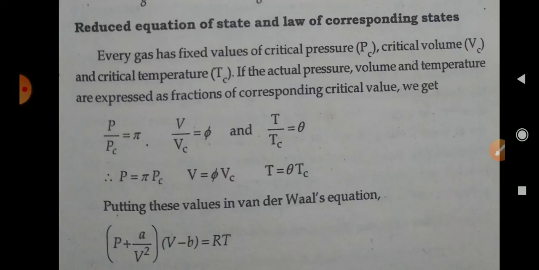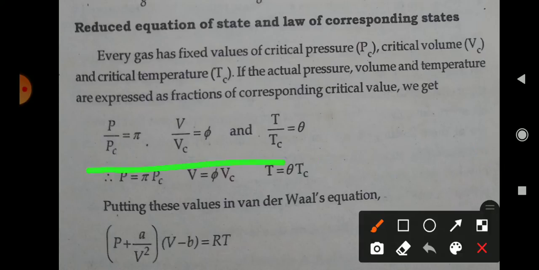Now the last topic is the reduced equation of state and the law of corresponding states. Consider the critical pressure, volume and temperature. Whatever the actual volume, temperature and pressure of the gas, if these three are considered as fractions of the corresponding critical values, then we get three different equations.